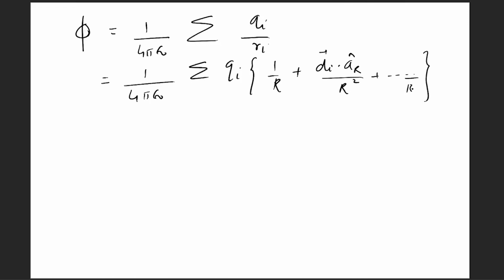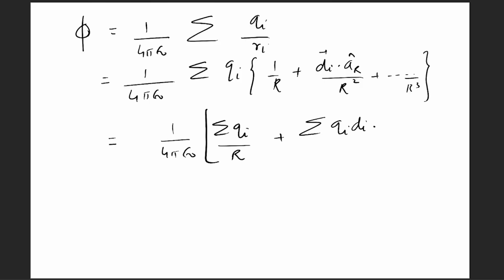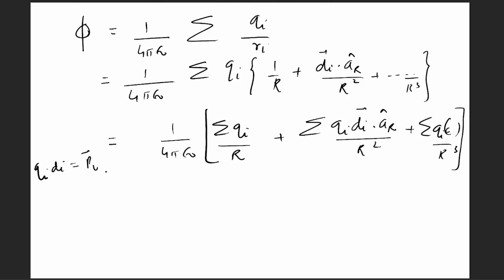Of course, the next term will be over r cube, like this. So you see, I can write it as 1 by 4 pi epsilon naught, summation qi by r plus summation qi di dot ar by r squared plus summation qi some term over r cube. So now we know qi di is simply pi.